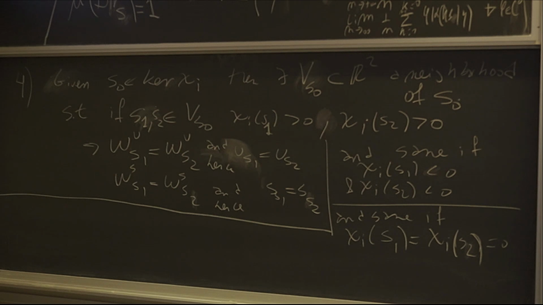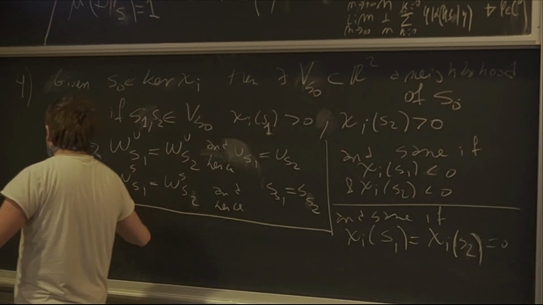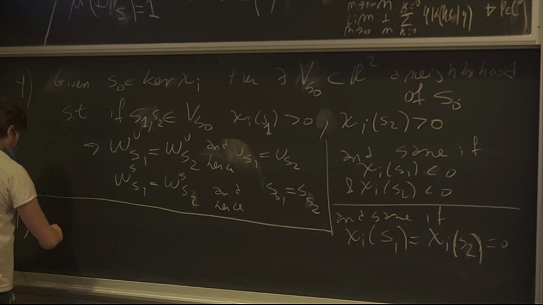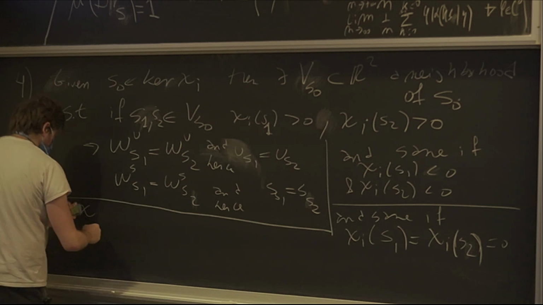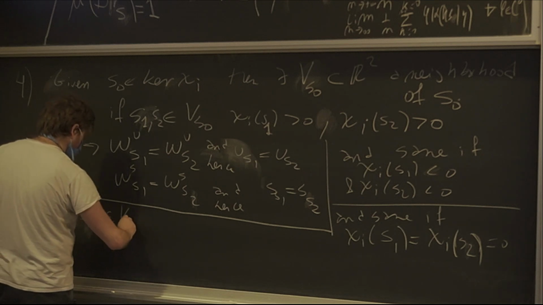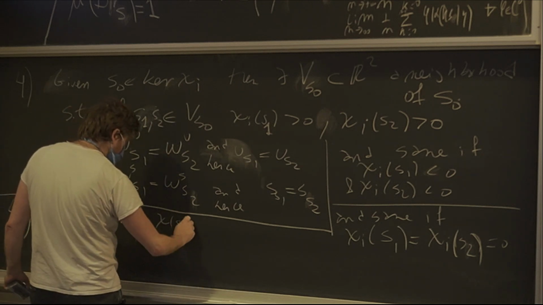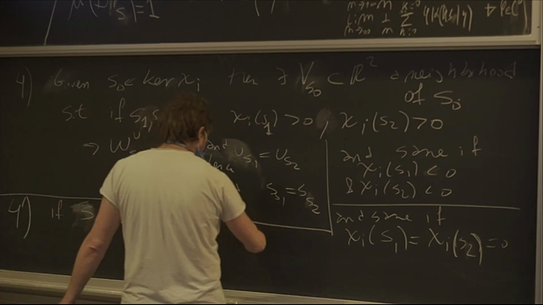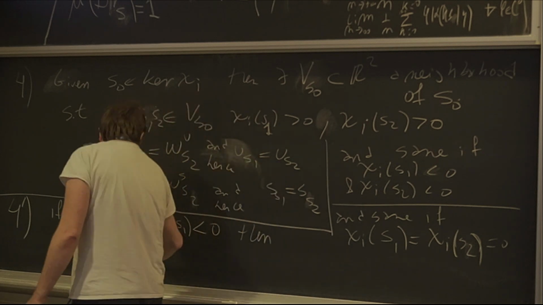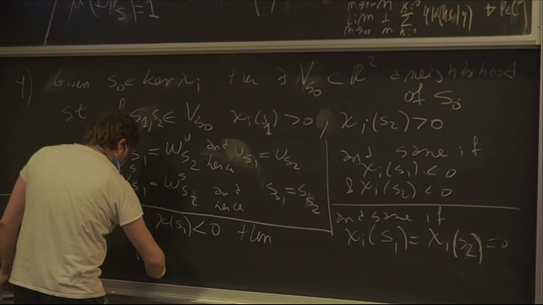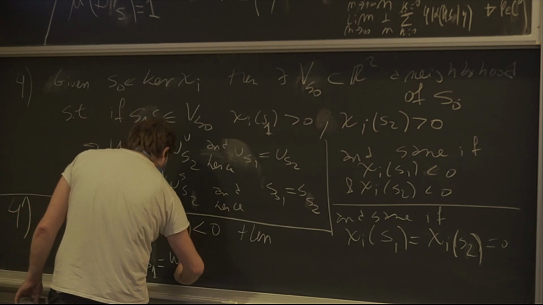Now what is also true, which is for prime, and now is where the game really starts, is that if S1 belongs to this neighborhood and chi of S1 is negative, then WU of S1 equals WU of S0.